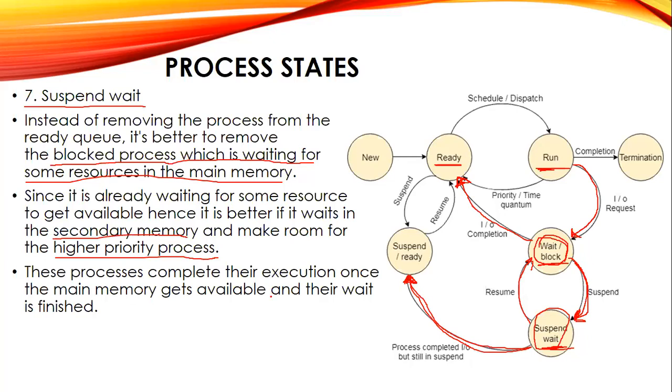So this one is a little bit complicated. I will explain it later in more detail, but generally just know that we have 7 states. In the class next week, I will explain it with better examples. In an online lecture, it is not easy to explain.